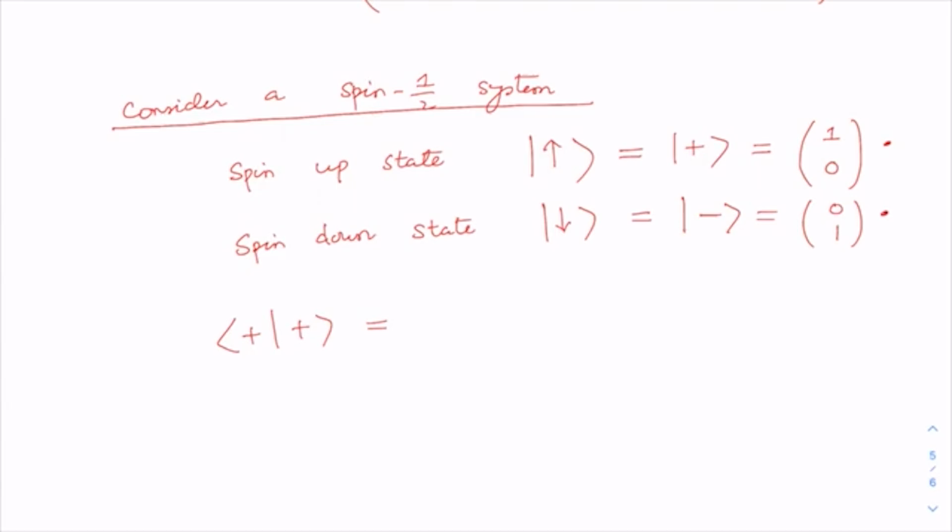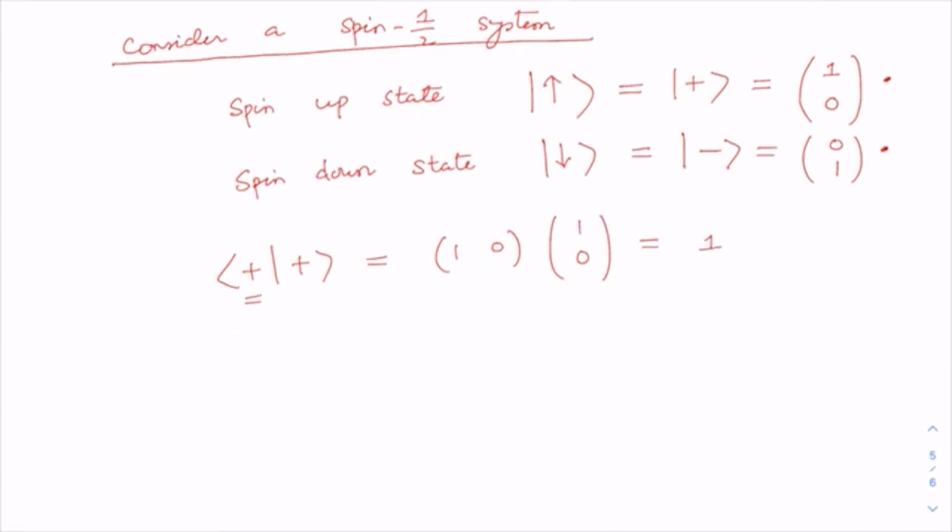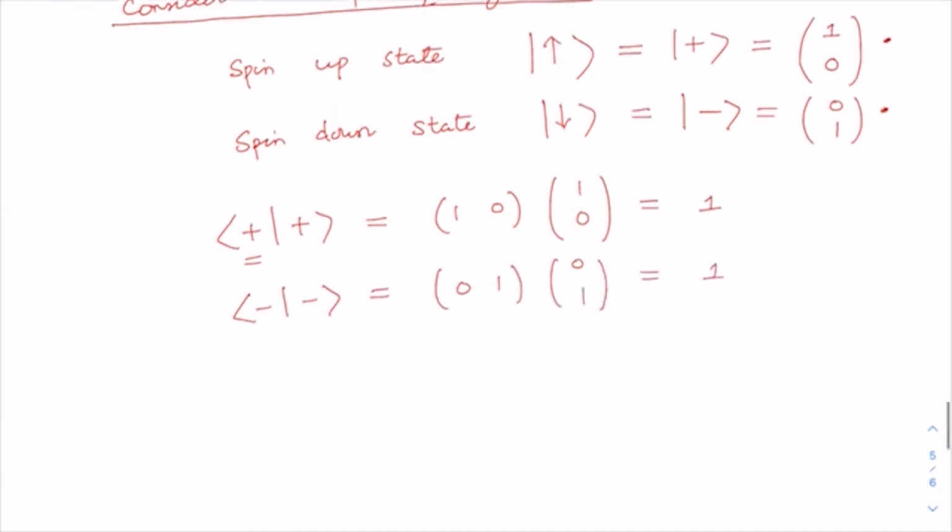If you write it as 1 0, this is the bra, and here it would be 1 0 as the column. If you do the matrix multiplication, immediately you will get 1. Similarly for minus minus, here you will have 0 1 and here 0 1, and this is also going to give you 1.